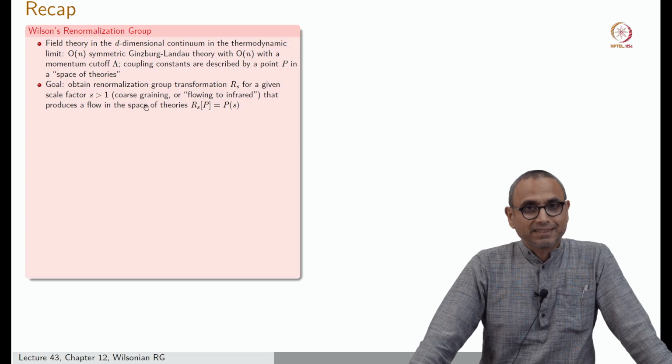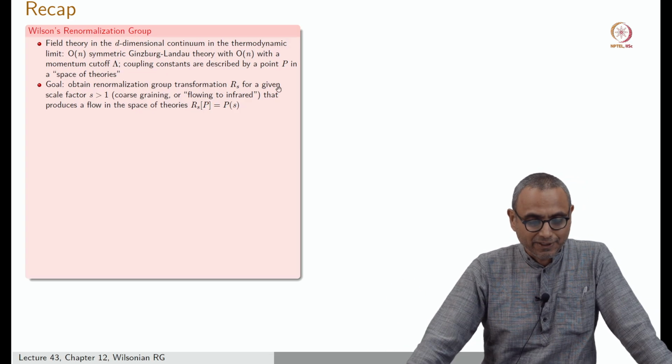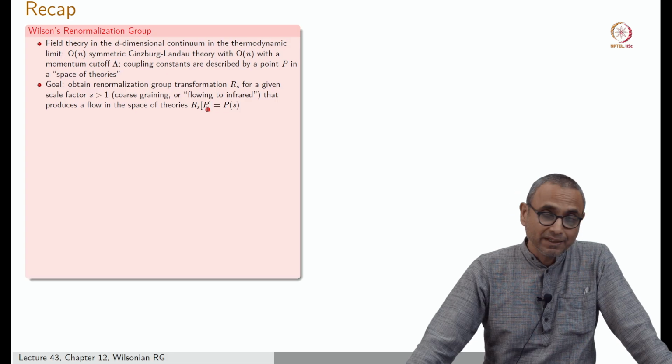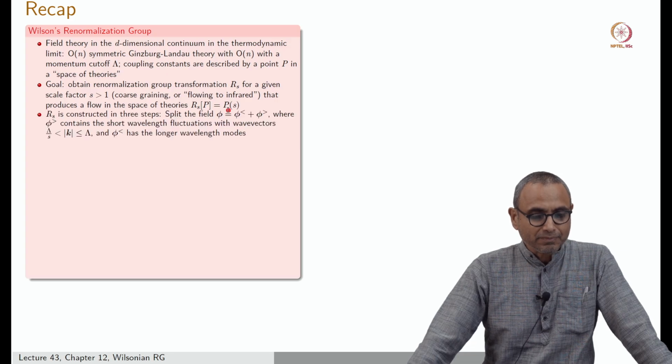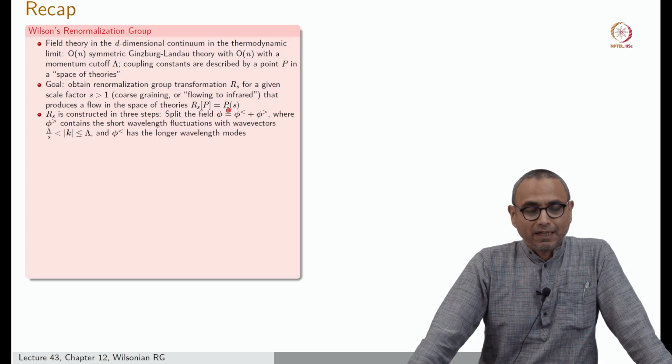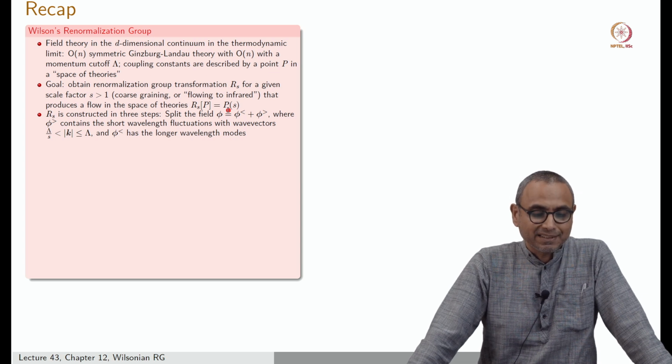And this produces this R_s transformation, it produces a flow in the space of theories, and this is what we mean by this R_s when acting on a point P. We will take it to some new point which depends on s, and that is why we call it P of s.